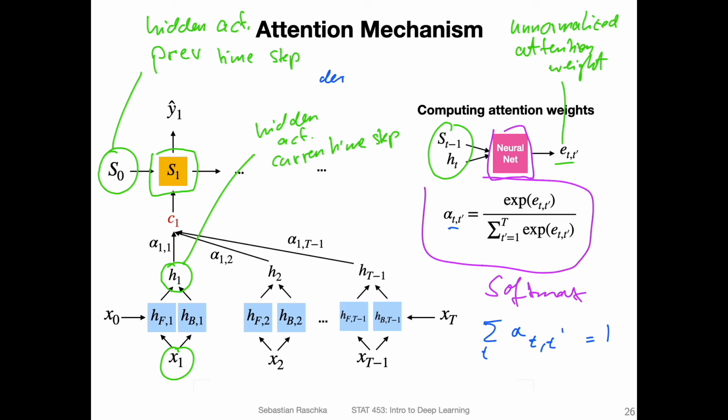The attention weight depends on both the current time input and the previous hidden state. So the attention weights might be different if we look at a different word. If we have attention weights that say 0.8, 0.1, and 0.1 for the current word for this context vector here, it might be different if we compute C2.